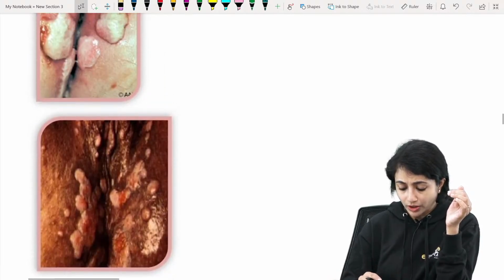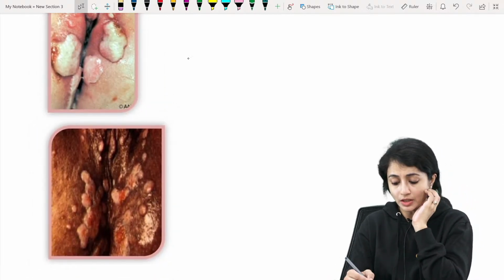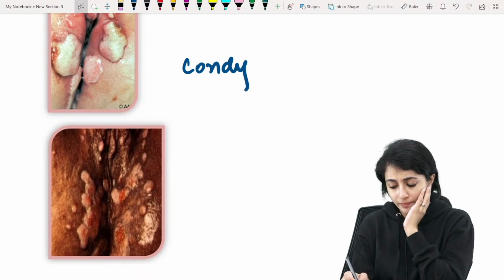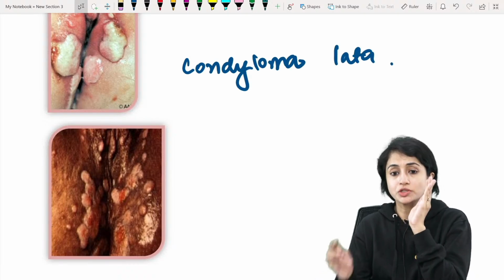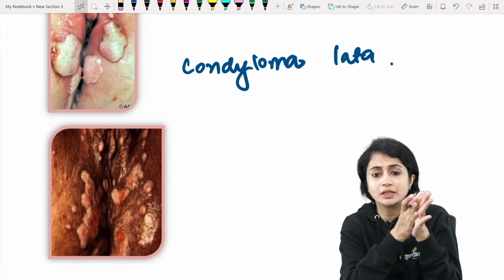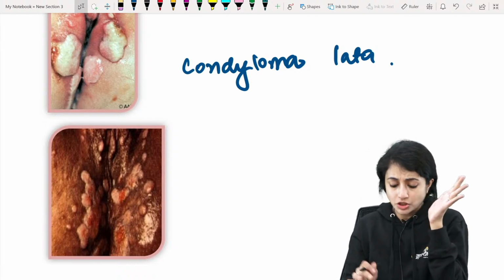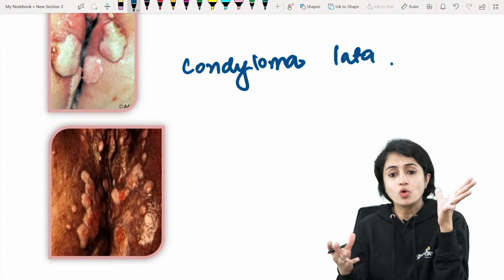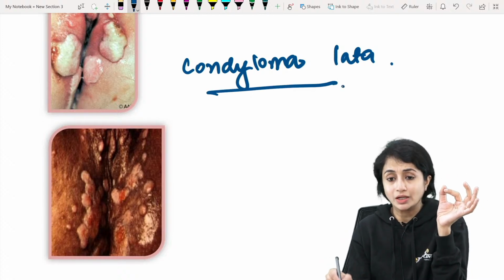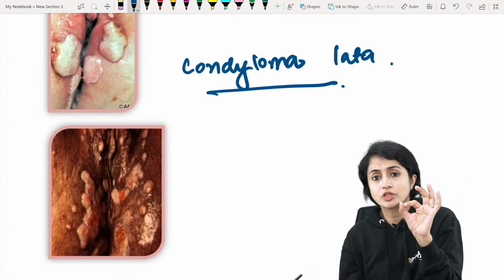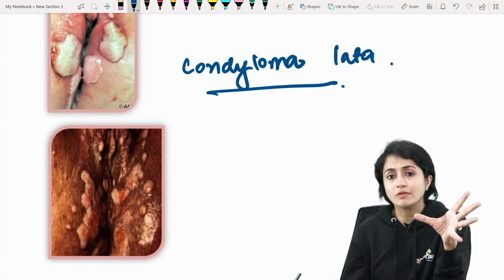Then what can I have? What are these? These are condyloma lata. Now when my secondary syphilis papular lesions are present on the folds like in the perianal area, because of the maceration they form these moist raw areas, and these are called condyloma lata, which is also a feature of secondary syphilis. These are teeming with spirochetes.